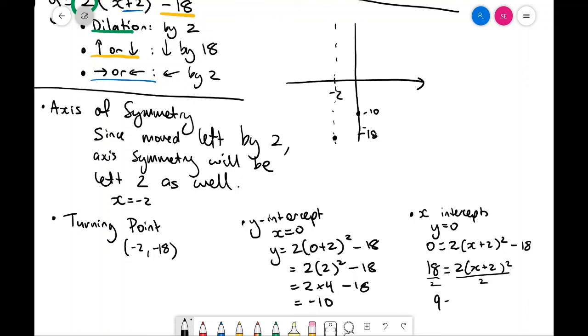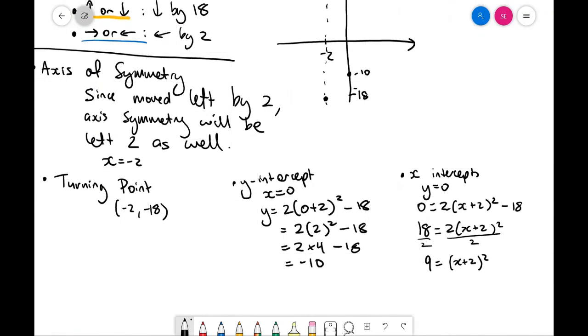So we'll get 9 is equal to (x + 2)². Now what we'll do is we'll take the square root on both sides. So then we'll get plus or minus 3 is equal to x plus 2, because those square roots cancel out.